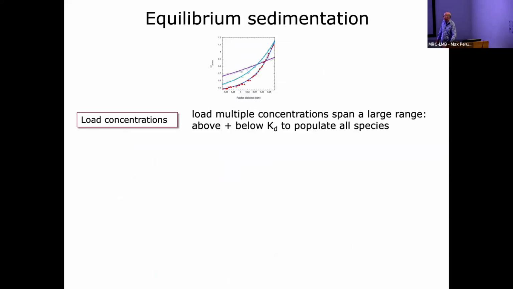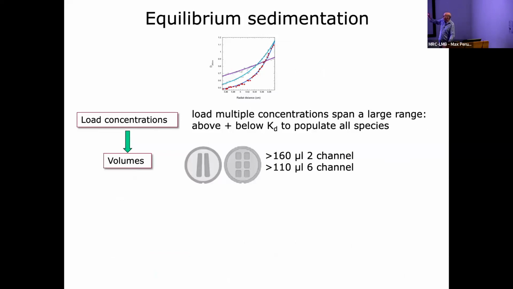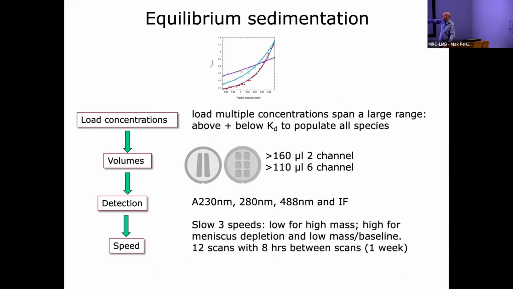Now, equilibrium experiments are a bit easier. You just have multiple concentrations over maybe a wide range. You're going to go up and down in KDs. You need all the species to be populated. Smaller volumes: 110 in this 6 sector, 160 in the 2 channel. Again, similar detection.